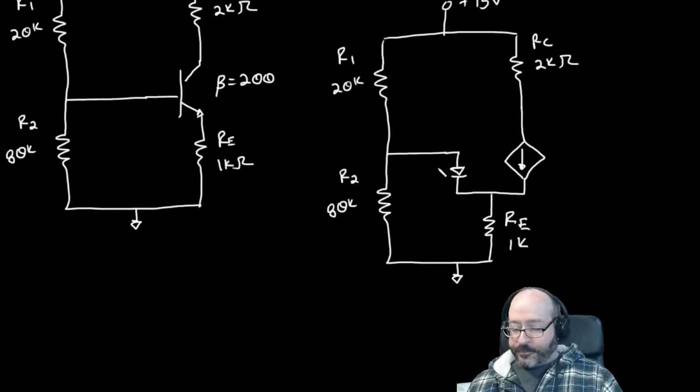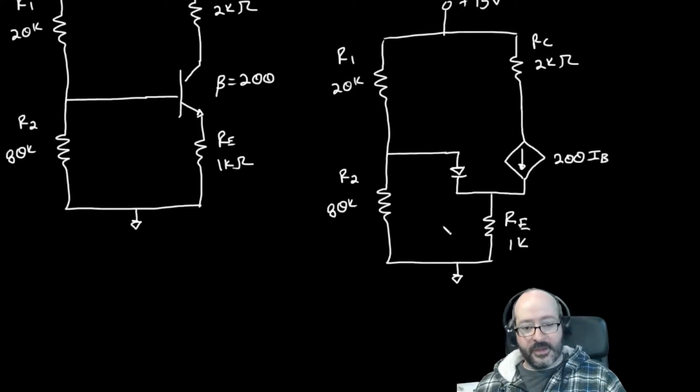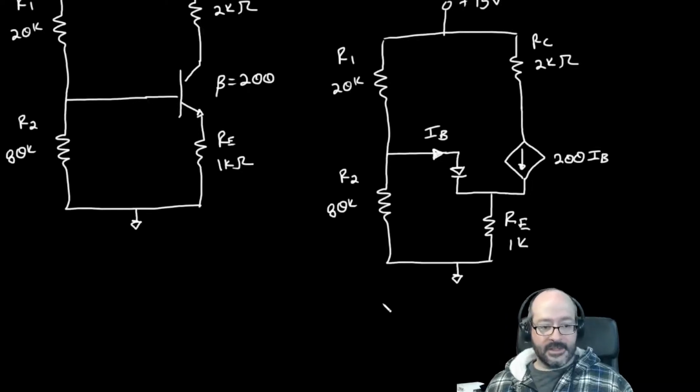Okay, so we've got our DC equivalent here. Beta was 200, right? So this is 200 times IB, which is the current flowing into the base, which is going to exist right there. Okay, the current flowing into the base, just like that.